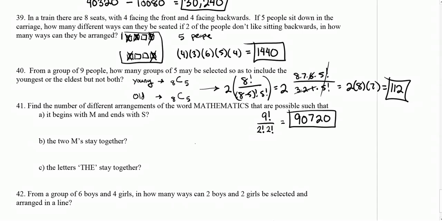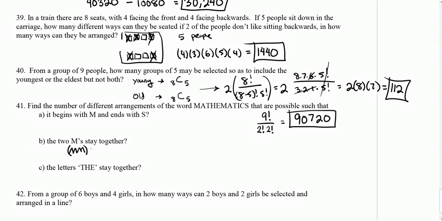Okay, B, M and S don't have to start, it doesn't have to begin with M, doesn't have to begin with S anymore. We're kind of starting free with the word mathematics, but we want the 2 M's to stay together. So in this case, we're going to put M and M next to each other and treat it like one letter.